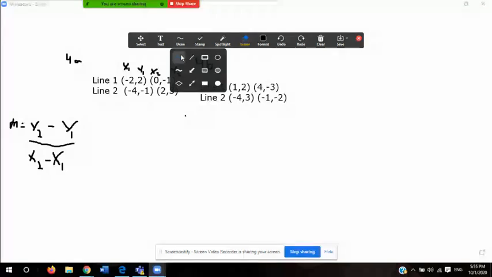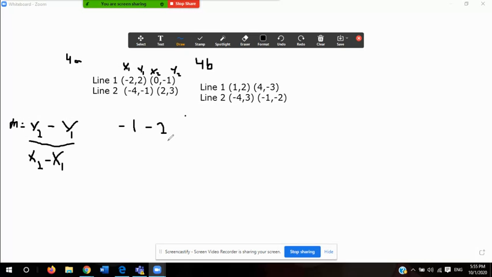So in example 4A, here's my slope formula, y sub 2 minus y sub 1 over x sub 2 minus x sub 1. And here, guys, I always label my left pair as x sub 1, y sub 1, and my right ordered pair as x sub 2, y sub 2. So we're just going to plug them in: -1, which is my y sub 2, minus 2, over 0, which is my x sub 2, minus -2.